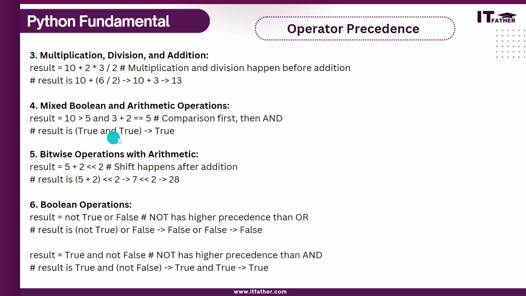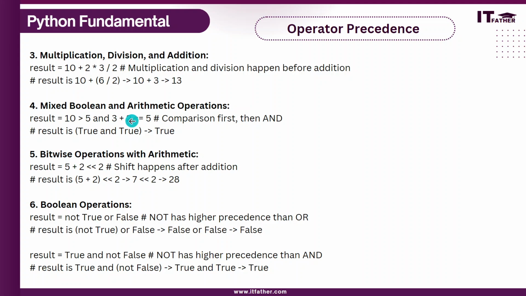Mixed boolean and arithmetic operators are there. If 10 is more than 5 and 3 plus 2 equals 5, then first of all it is going to check that 10 is more than 5, yes, true, and 3 plus 2 will be 5, which is also true.